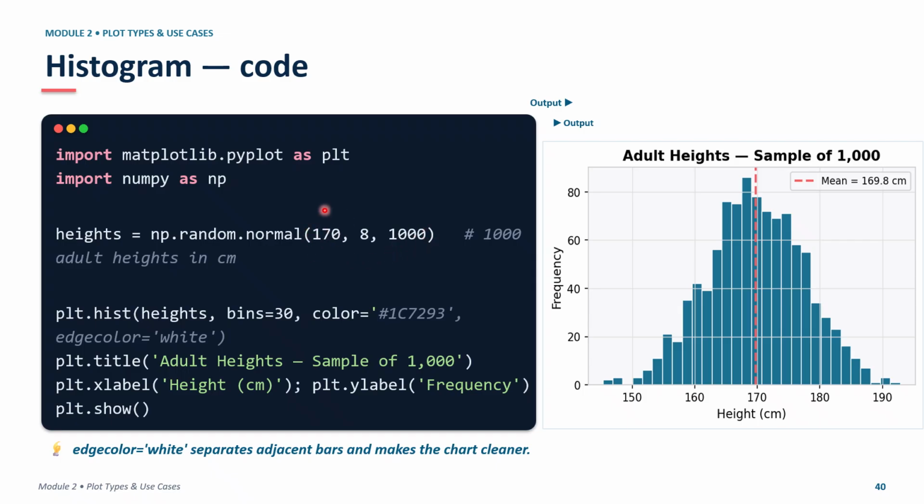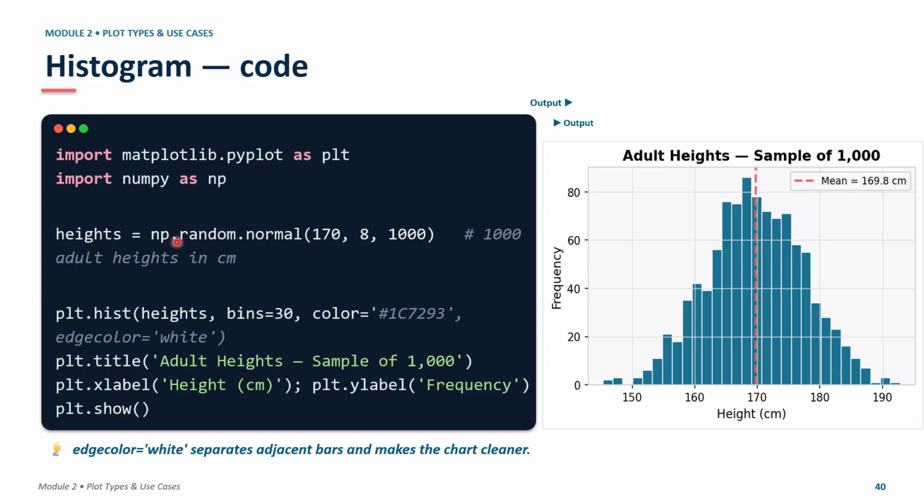The mean value I'm going to give for the normal distribution is 170, and the standard deviation is 8. So let us assume a person with a mean height of 170 centimeters and a standard deviation of 8 centimeters. I'm going to generate 1000 random samples, which is large enough to see the bell curve shape very clearly.